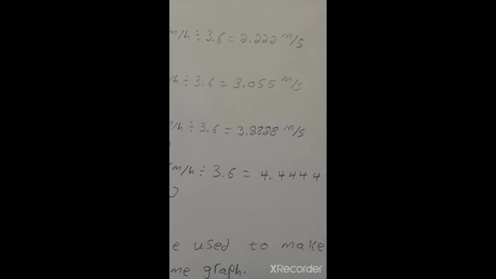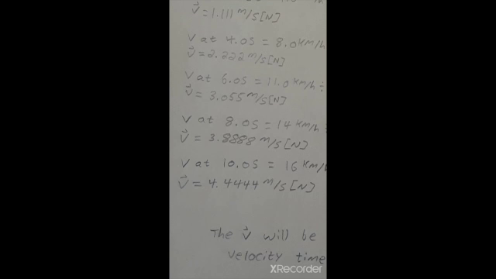Speed at 8 seconds, 14 kilometers per hour. Divided by 3.6 is equal to 3.8888 meters per second. So our velocity is 3.8888 meters per second north.